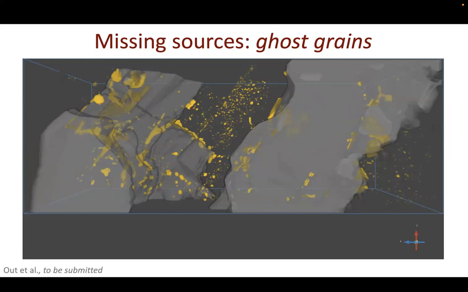So what we did, we took a piece of our sample, and we made a FIB-SEM scan out of it. This FIB-SEM, focused ion beam, we made with the slice and view technique, with a resolution of 20 nanometers. So that means that we see each and every iron oxide grain that can carry a remnant magnetization.